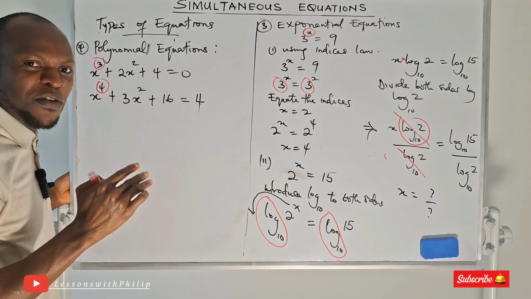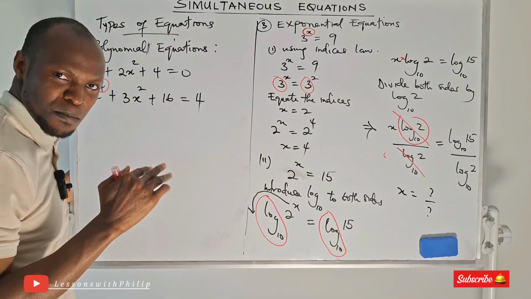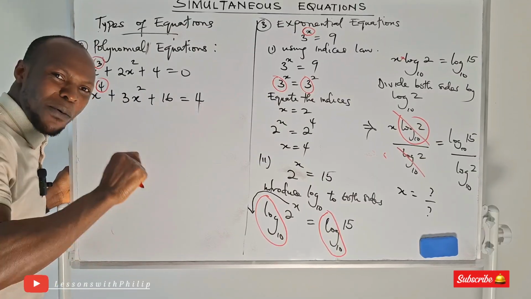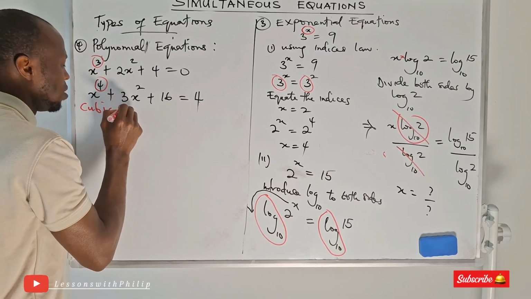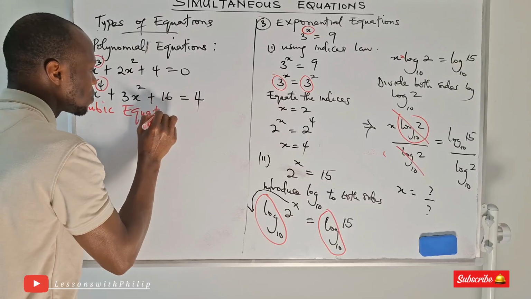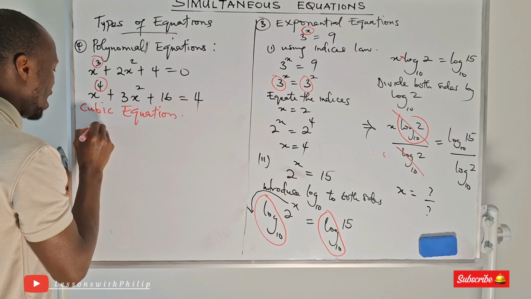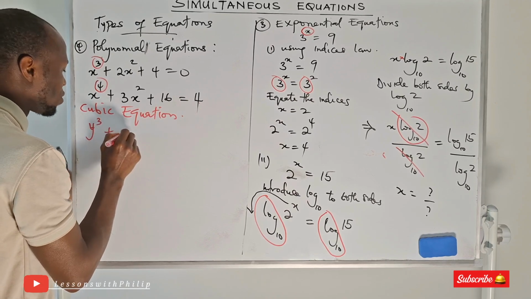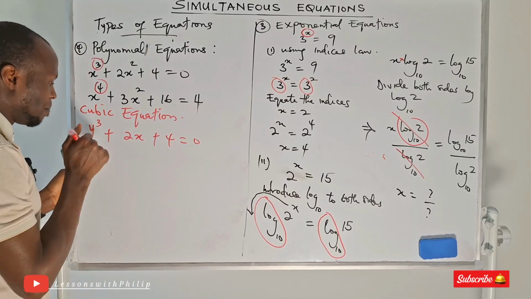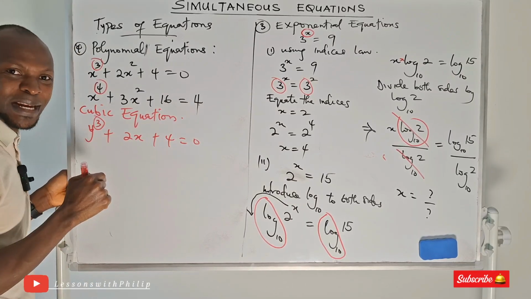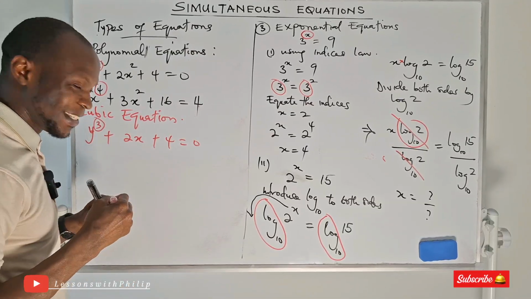When the power of a variable is more than 2, like 3, 4, 5, 6, such an equation is known as polynomial. But when the highest power of the variable is 3, it is specially known as a cubic equation. Okay? For example, this one we have here is a cubic equation, when we have y raised to power 3 plus 2x plus 4 equals 0. Because the highest power of the variable is 3, such an equation is known as a cubic equation. All right? Do you get it?